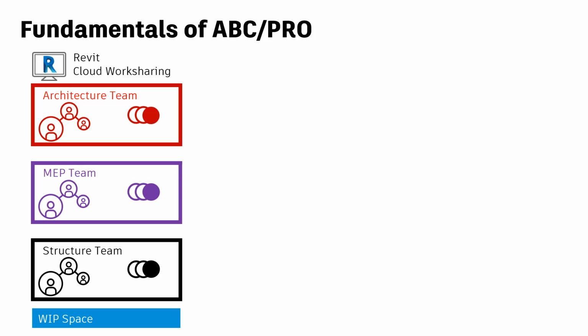As they're working on the modeling and design in their own work in progress space, they create new versions of the file by synchronizing their modifications, so the other team members can have the latest changes.